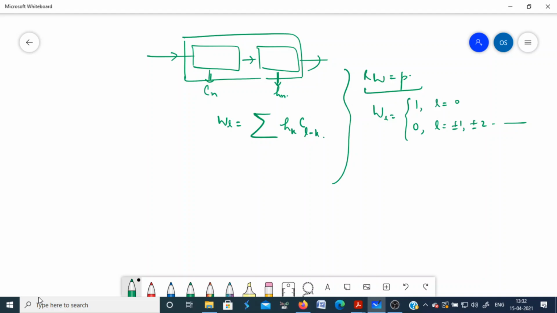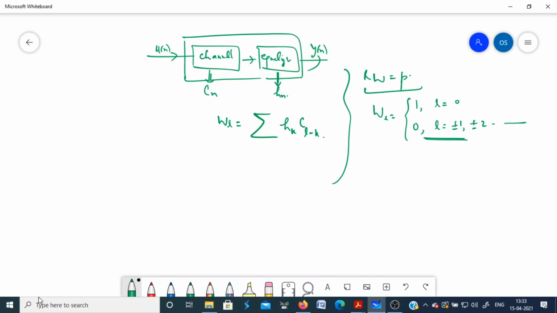It means for this filter output to be the same as the input, or for this equalizer to equalize the effect of this channel, the overall impulse response of the filter must be like this.